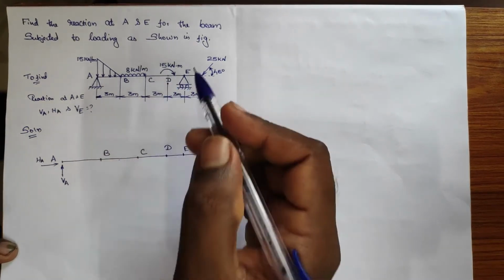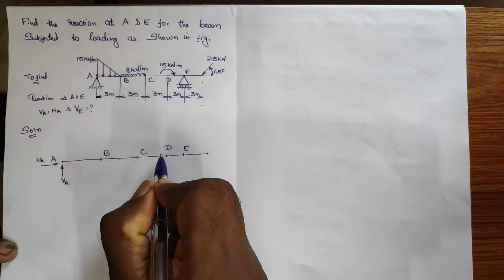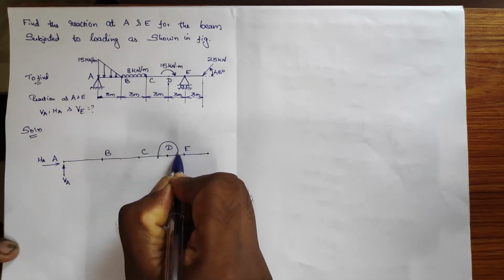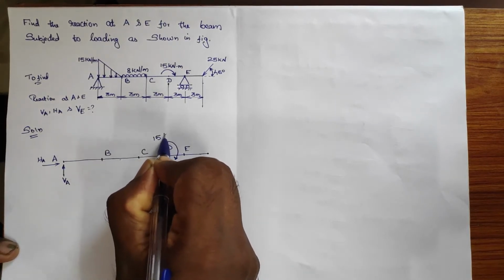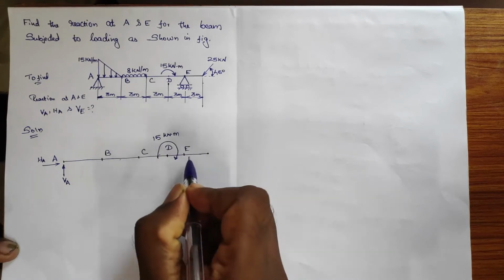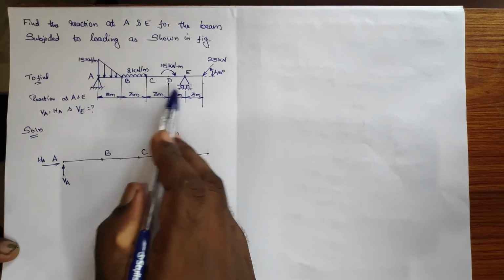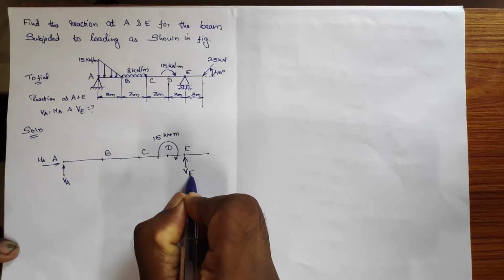Here at the point D there is a moment acting something like this, which is given as 15 kilonewton meter. And at the point E, a roller support, there will be only one reaction since it allows horizontal motion. Only a vertical reaction will be there, VE.